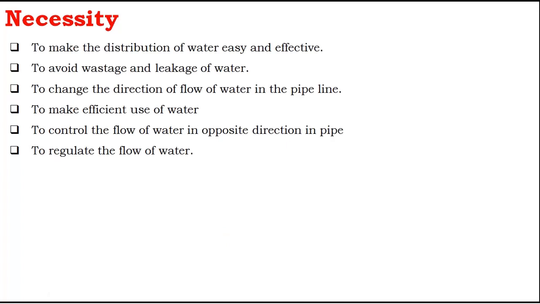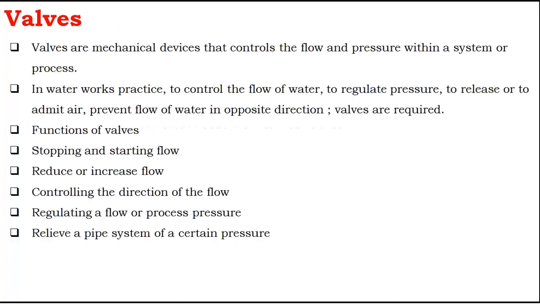When the power is put off, the motor will stop, and then water may come in the reverse direction. To avoid that, you need to use some accessories. They are called valves, and they also come under this chapter.